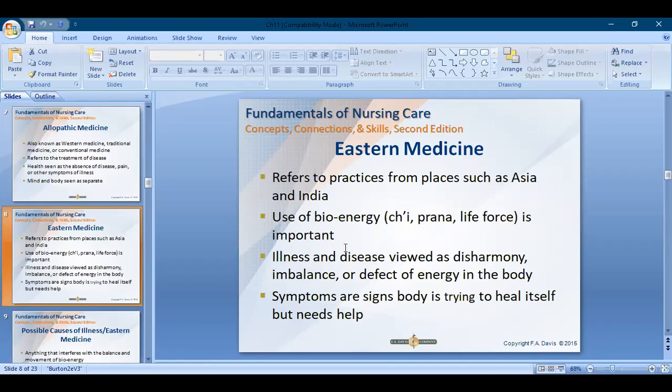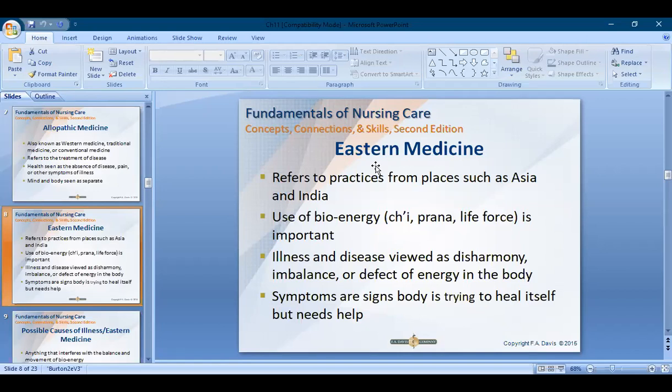Their medicine is collected from different kinds of plant origin. Illness and disease are viewed as a disharmony, imbalance, or defect of energy in the body. Symptoms are the sign that the body is trying to heal itself but needs help.